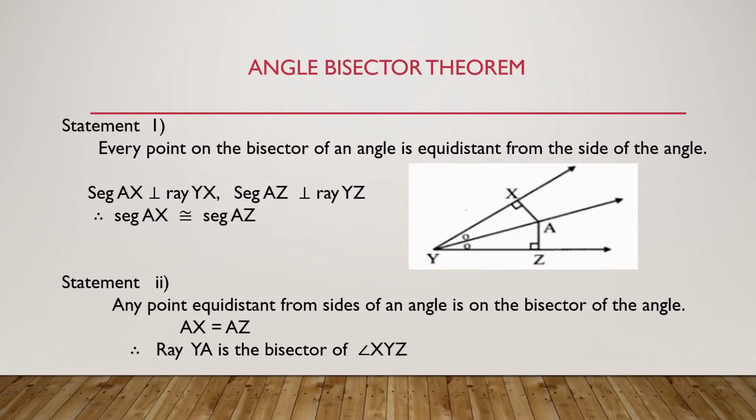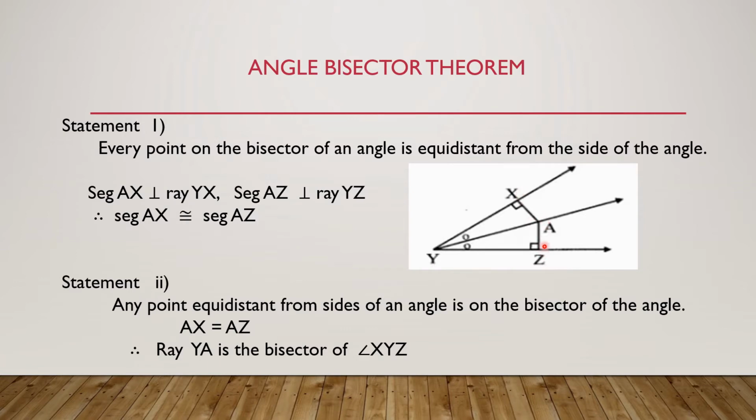Next is the angle bisector theorem. Statement: every point on the bisector of an angle is equidistant from the sides of the angle. In this figure, ray YA is the bisector of angle XYZ, and segment AX is perpendicular to ray YX and segment AZ is perpendicular to ray YZ, and therefore segment AX and segment AZ are congruent.